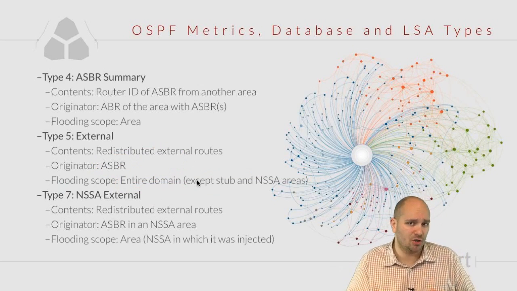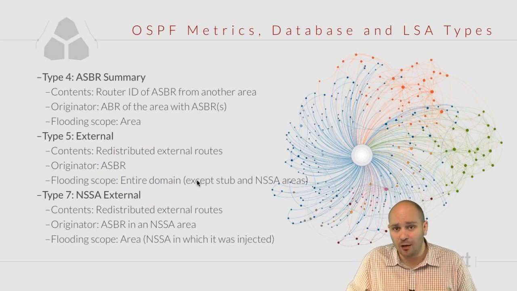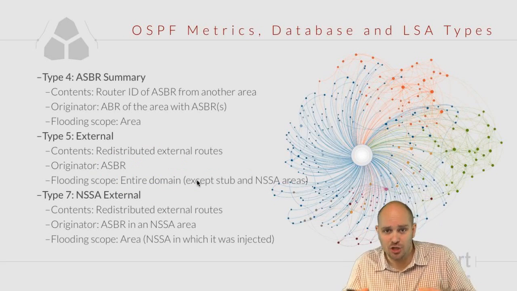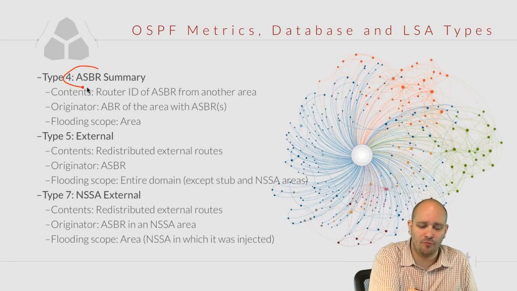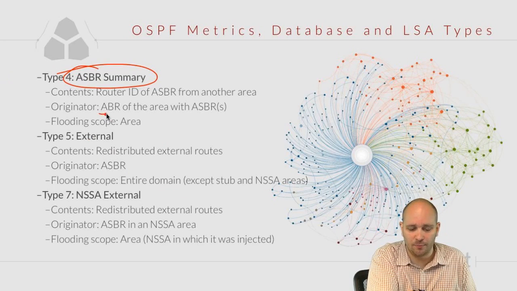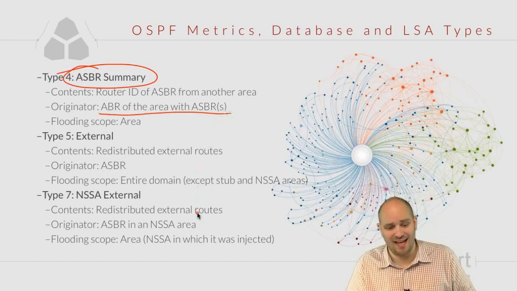And in order to figure out how to reach this external prefix, how to reach this router that injected this external prefix, type 4 LSA will be generated by the ABRs in those areas that contain the ASBRs.